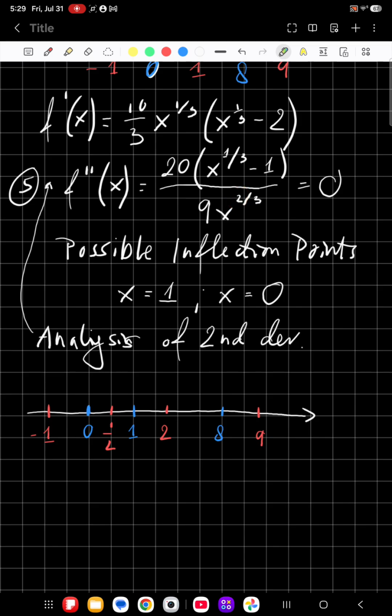So I could take the cube root of negative 1, so negative 1, and then square it, and end up with 9 in the denominator, or I can square it first, so positive 1, cube root 1 times 9, 9. So this will always be positive.